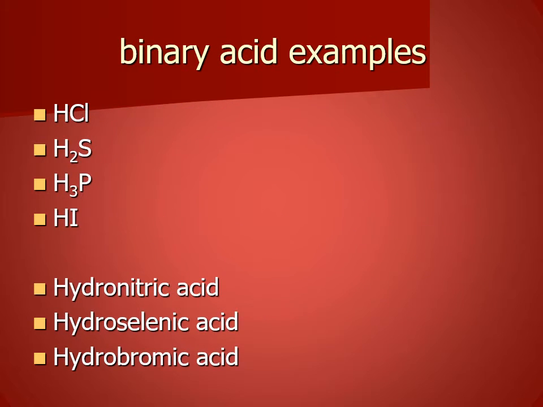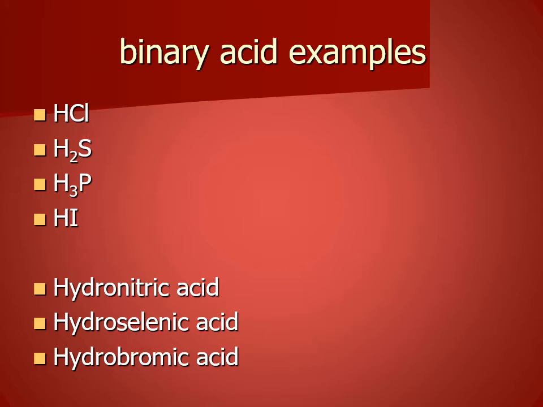Okay, so getting right to examples here, we have HCl, H2S, H3P, HI. So, of course, we want to come up with the names for those. Because they're all binary, we would always start with the word hydro. Then we're going to take the nonmetal, chlorine, sulfur, phosphorus, or iodine, and we're simply going to change the ending to ic.